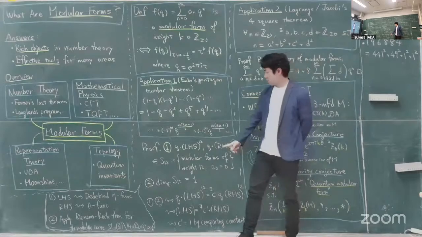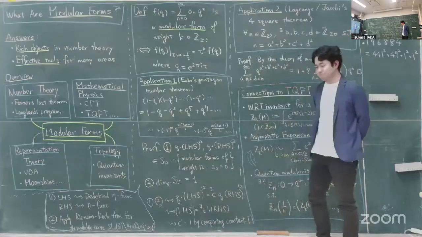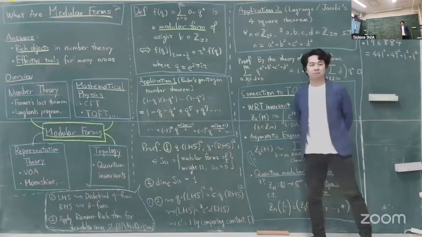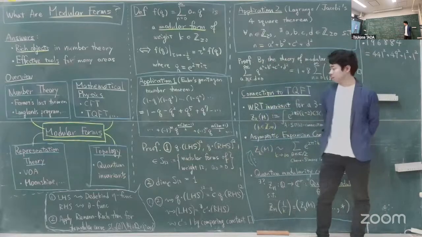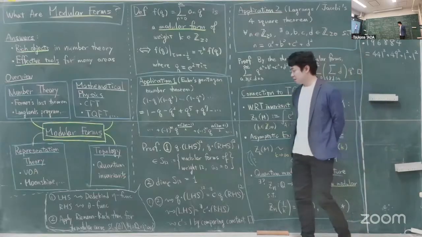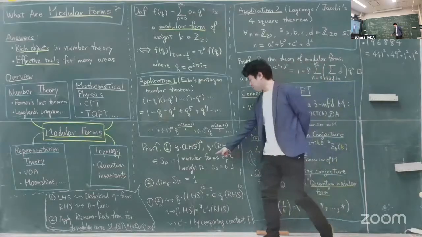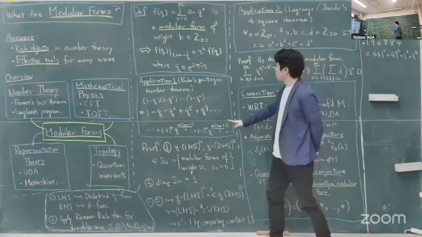In the proof, the first step is to consider q times the left-hand side to the 12th power, and q times the right-hand side to the 12th power. Then, mysteriously, this is a modular form. In fact, this is a modular form of weight 12 with a0 equal to 0.